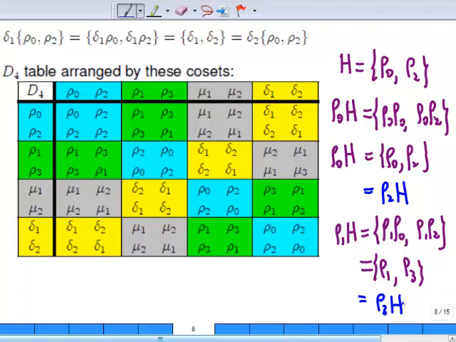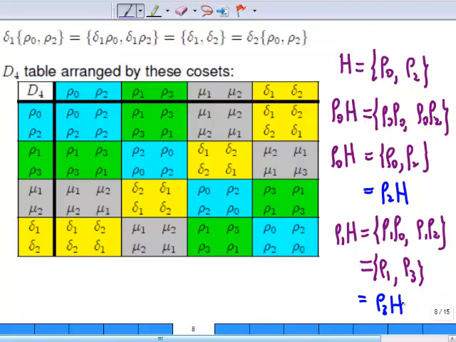I have shown you 4 cosets already, but rho 1 H and rho 3 H are the same, and rho 0 H and rho 2 H are the same.